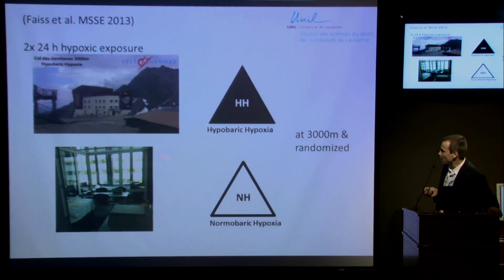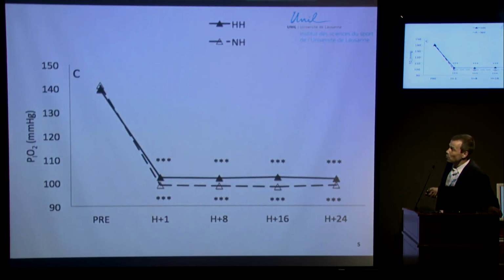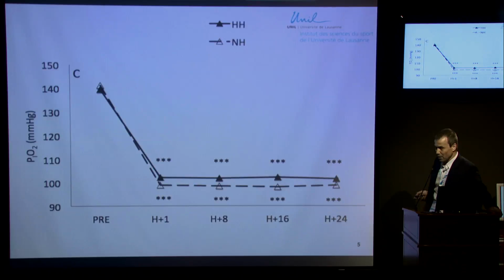And we also compared the same altitude in a hypoxic chamber that we have in Switzerland. Obviously, we tried to match the oxygen pressure. And you can see here, from sea level to the hypoxic condition, over the 24 hours, the ambient inspired oxygen pressure was similar.